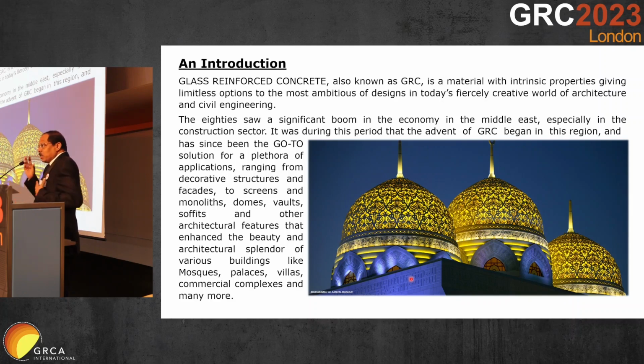The LED lights were placed in the factory on the GRC panels with the patterns, and those LED lights are throwing light on the gold mosaic, and the light is reflected with the pattern visible very clearly.